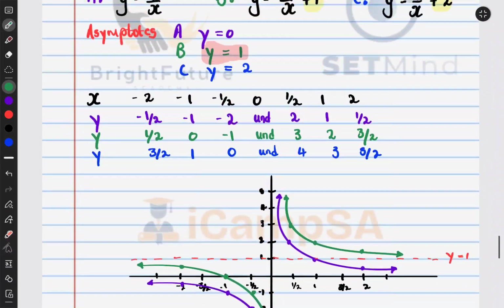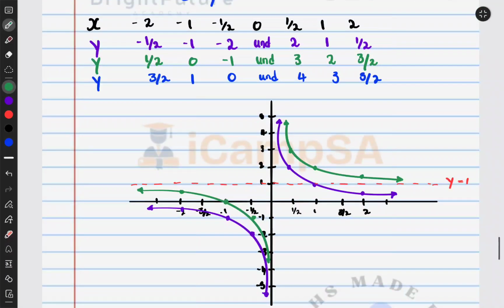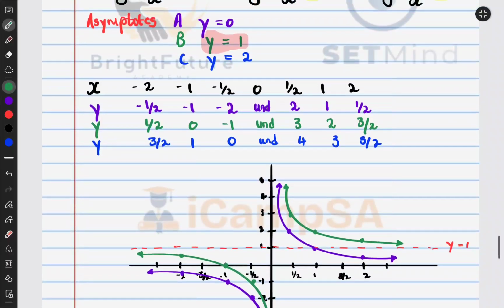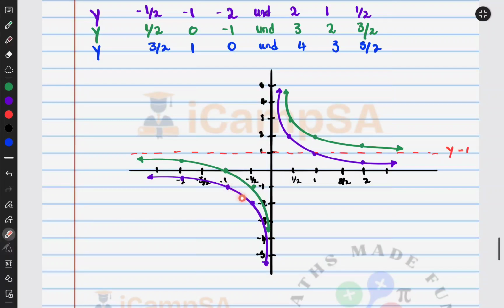And you see what happens here. We said by adding that 1 here, we're expecting the function to shift 1 unit upward, and we are seeing that the function has shifted upwards by 1 unit. When you go back to the original function, where x was negative 1, y was what?